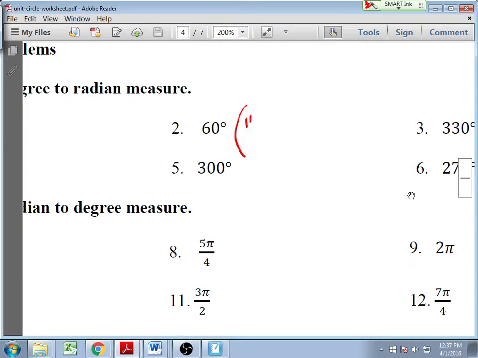I use pi over 180, or we could just set this over 180 times pi, if that's easier for you. You can use pi over 180, or divide by 180, then multiply by pi. So 60 divided by 180 is 1/3, and we get 1/3 pi.